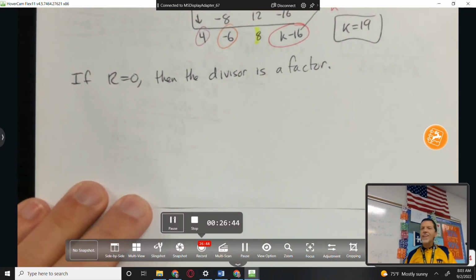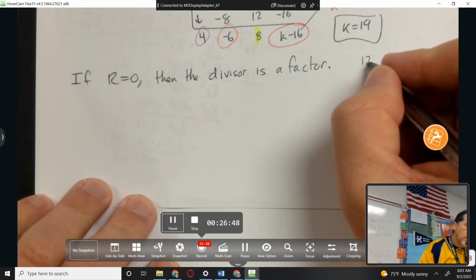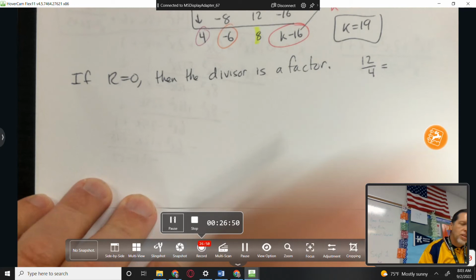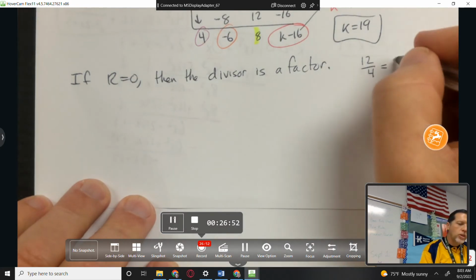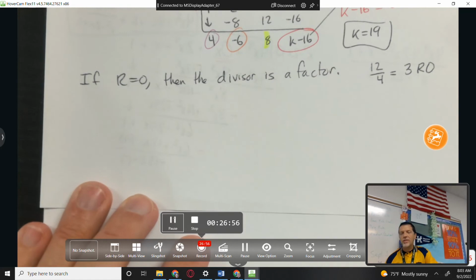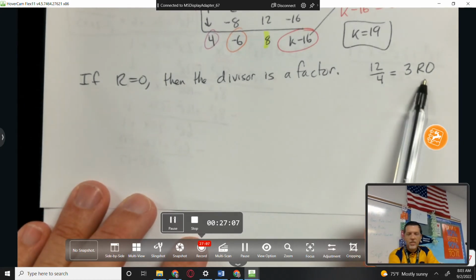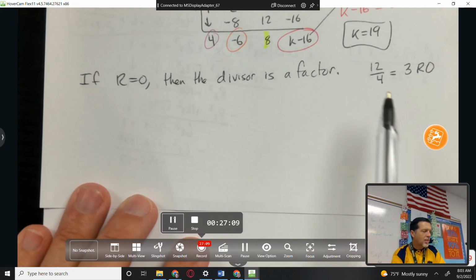That sounds kind of fancy, but if you think back to elementary school division, 12 divided by 4 is 3 remainder 0. You wouldn't even put the remainder 0 on there. You'd say 3, but when you first learned it, you'd say, oh, there's none left over. It goes into it evenly. And then later you learn that means that 4 is a factor of 12 because there's nothing left over. It's the same thing here.